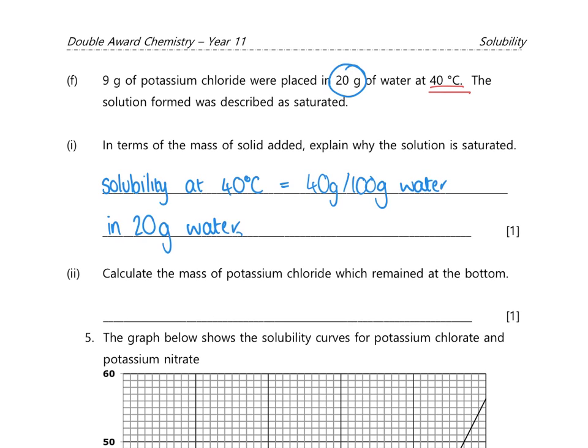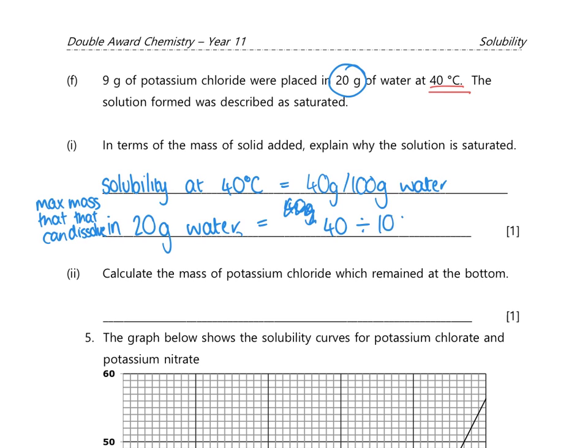You could even write maximum mass that can dissolve in 20 grams of water is going to equal, how am I going to do this? So take my 40 grams and I divide it by, yep, I can either divide it by 5, or how do I do it the longer way?